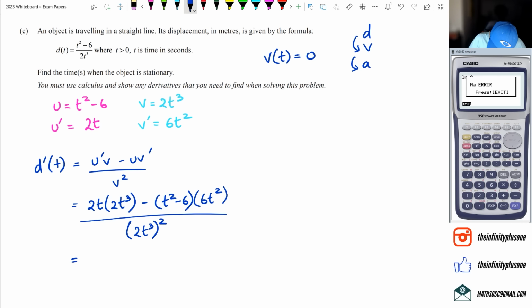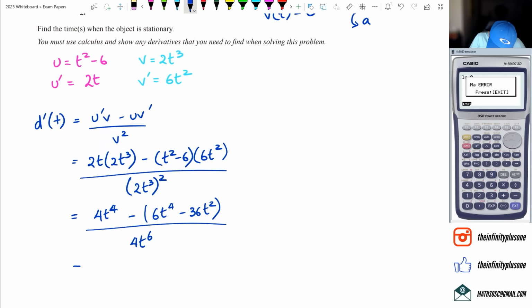So in the numerator, I've got 4t to the power of 4 minus 6t to the power of 4 minus 36t squared divided by 4t to the power of 6. So you got a little bit of manipulation that needs to happen here. 4t to the power of 4 minus 6t to the power of 4 plus 36t squared.